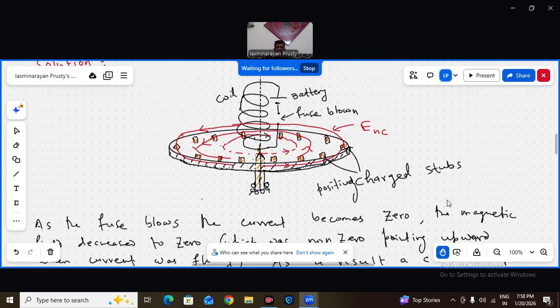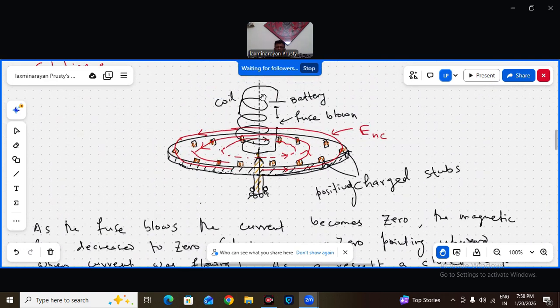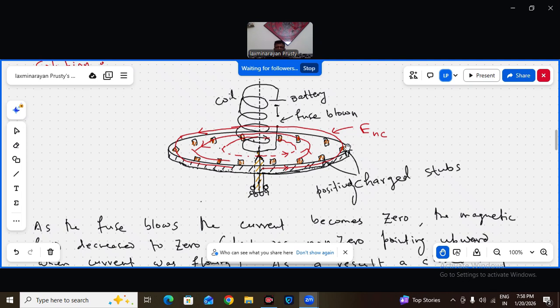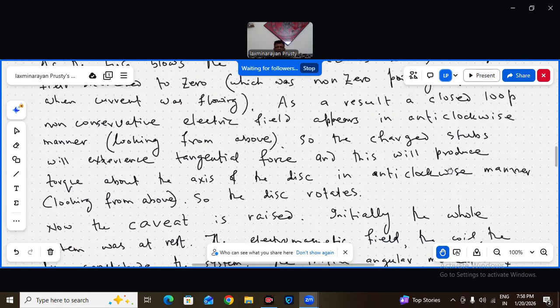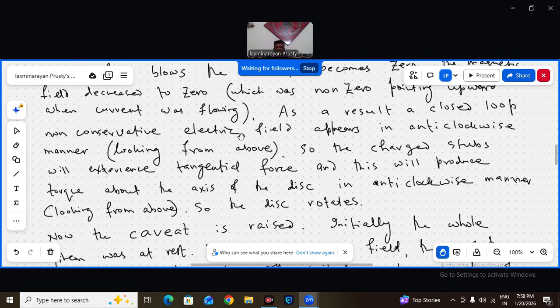Suddenly the current becomes zero, so this appears for a small delta t time. But even then, it will produce an impulsive force in the tangential direction on all the charged stubs.